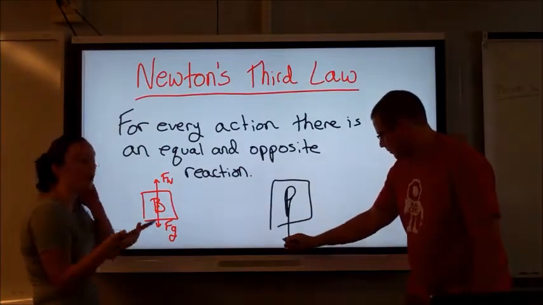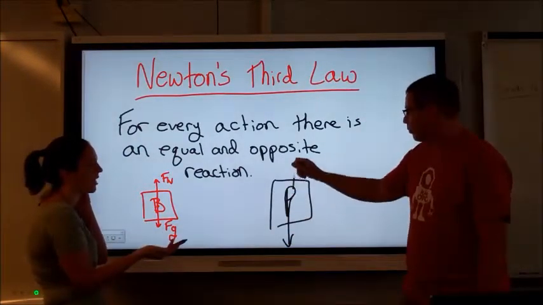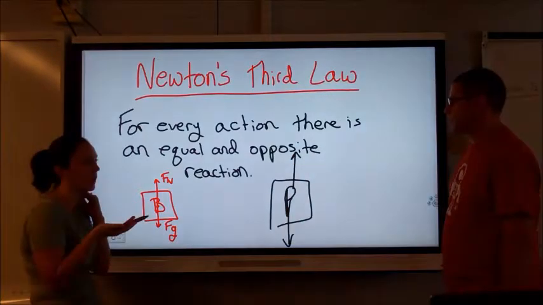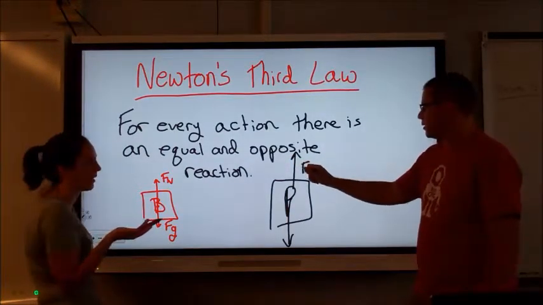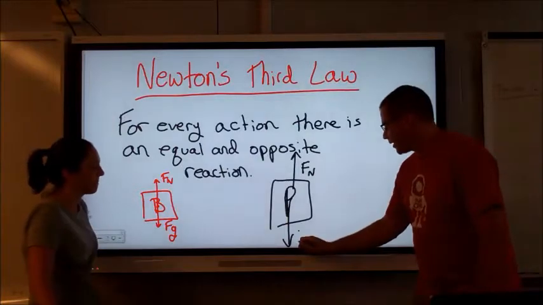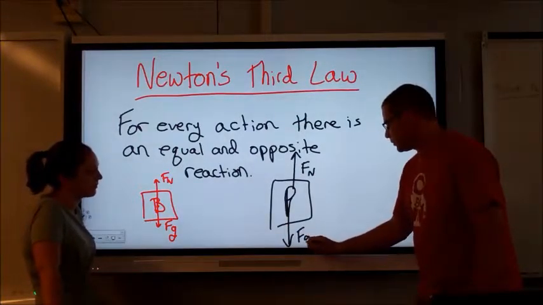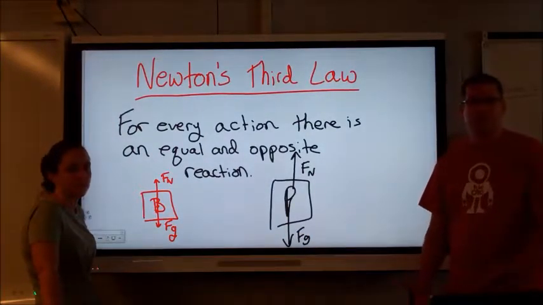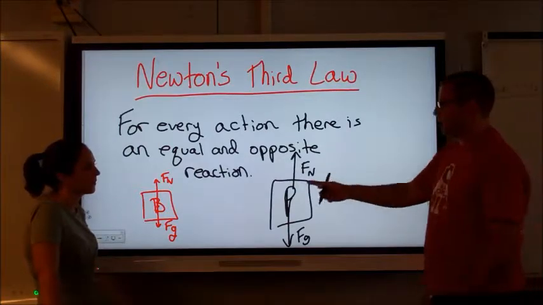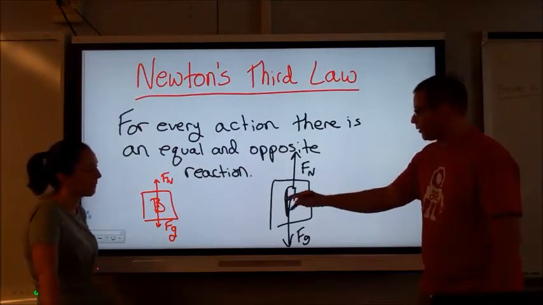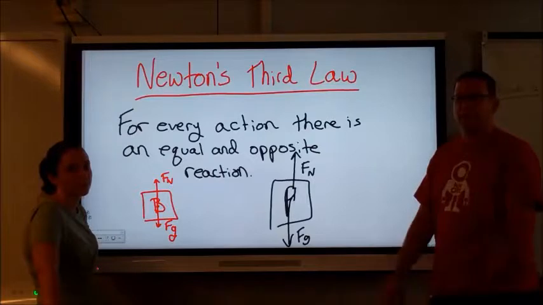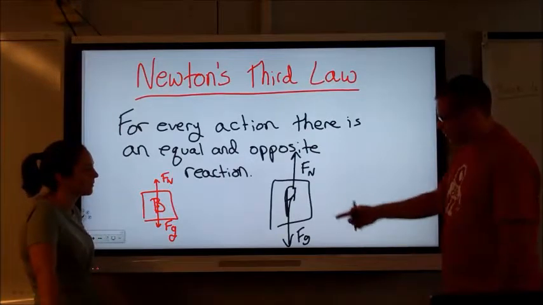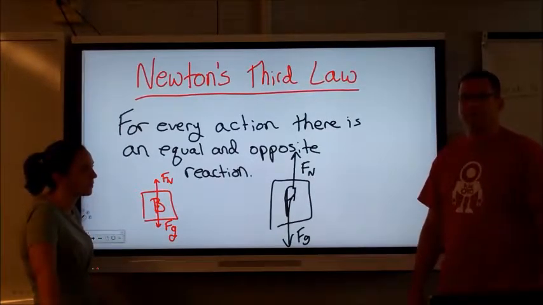He's standing on a skateboard, so he has his force of gravity acting down, and the skateboard providing a normal force, which is acting back up. Now remember, length of arrows is also proportionate to their strength or magnitude. I drew mine a little bit longer than her arrows because I have more mass than her, and therefore my force of gravity will be greater than hers.